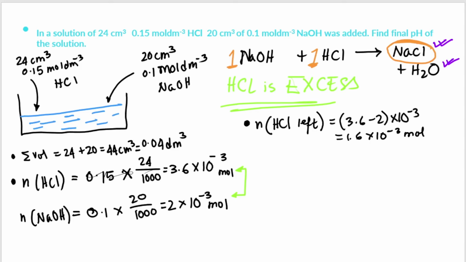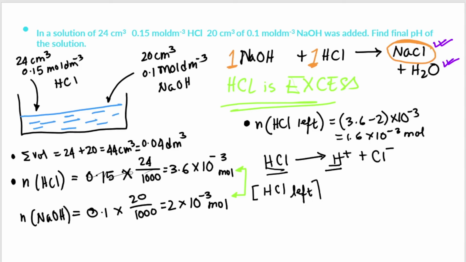HCl that remains will contribute to the pH of the solution, or the acidity of the solution. So the remaining HCl will dissociate as H plus and Cl minus ions. Therefore, to find the H plus ion concentration, we must find the concentration of the HCl that is remaining in the solution after the reaction.